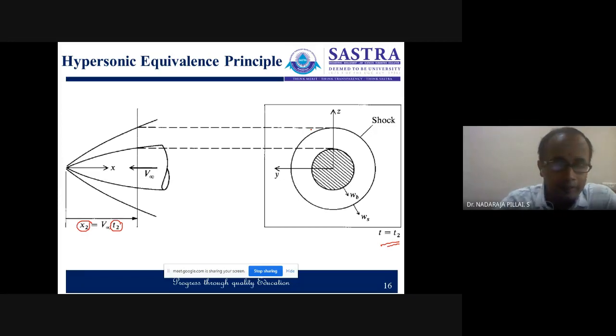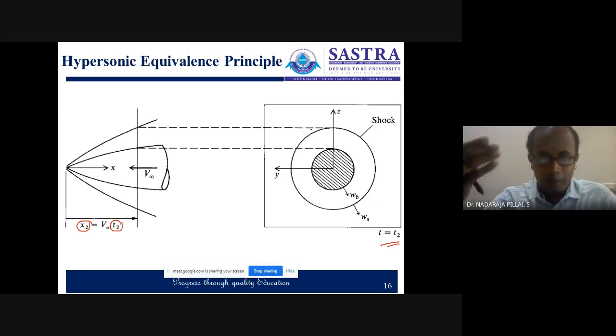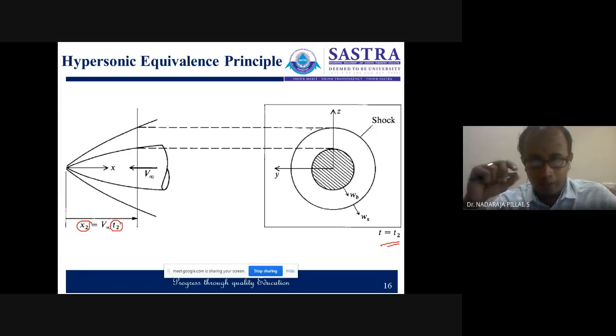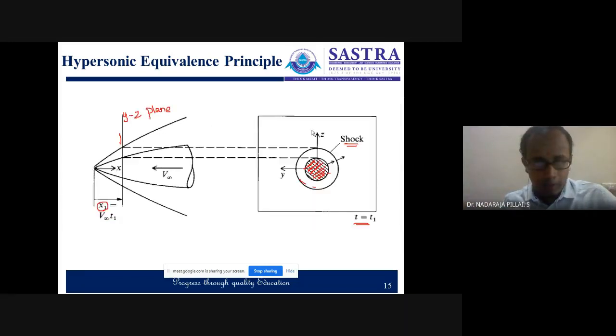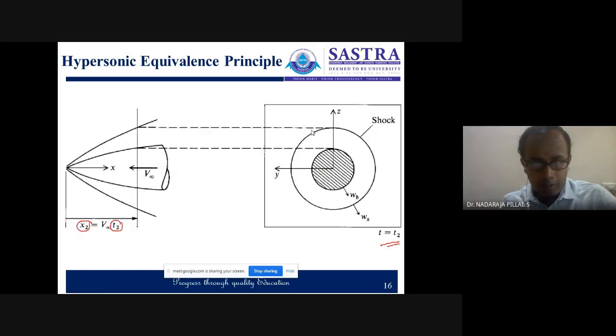So these three examples, three times t equal to 0, t1, and t2, show the YZ cross section where the slender body penetrates in, right? So you see here, this is the slender body, and then time t1, t2.